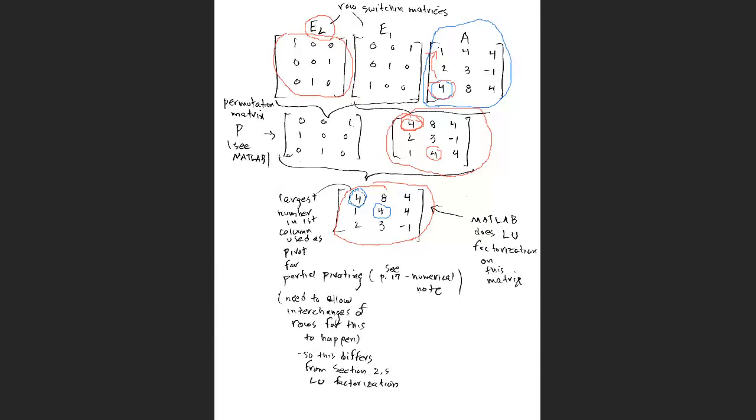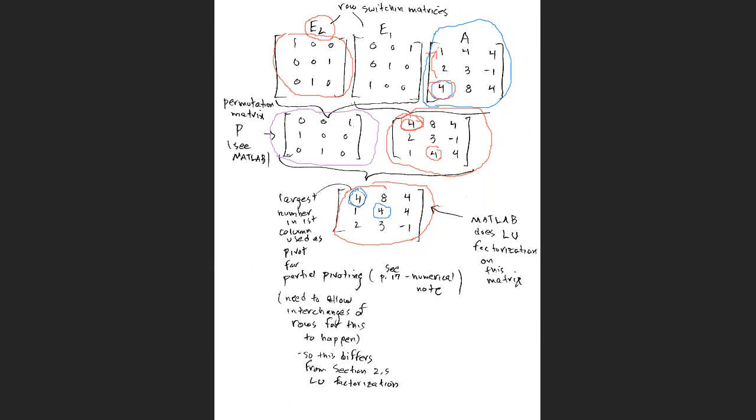When you do LU factorization in MATLAB, it's going to generate a matrix L, a matrix U, and a matrix P. The matrix P is called your permutation matrix. The permutation matrix is the product of the row switching matrices that you needed to use to get the matrix A in the correct form for the LU factorization that MATLAB does.